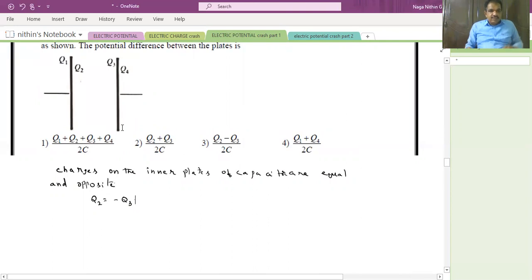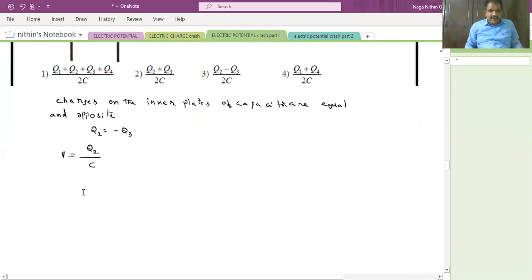Now, what is the potential difference between these plates? So here V is equal to, both charges are same, so Q2 by capacity, they gave it as C. So PD between the two plates will be Q2 by C. But here in the answers, Q2 by C is not there.